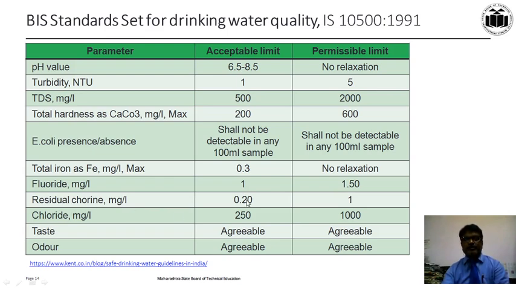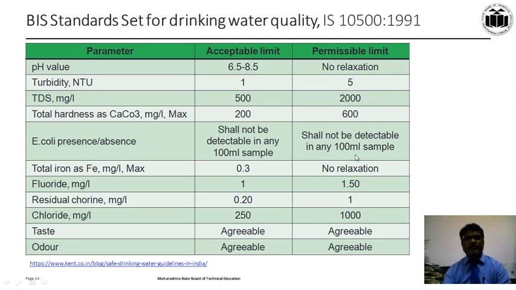Residual chlorine 0.2 and 1. Chloride in mg per liter, acceptable limit is 250 and permissible limit is 1000. Taste and odor are agreeable for both acceptable as well as permissible limit. It should be taste free and odor free.